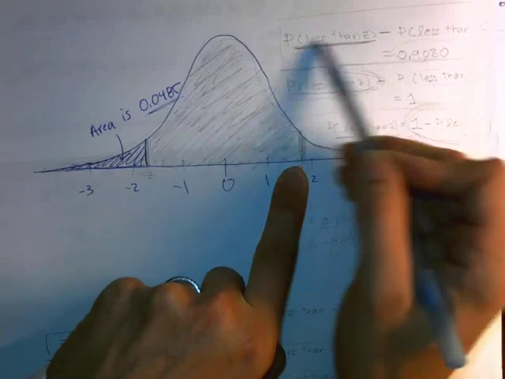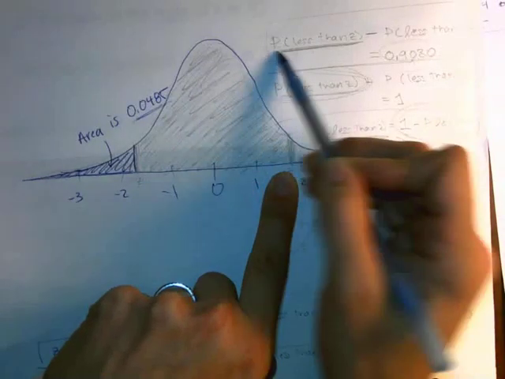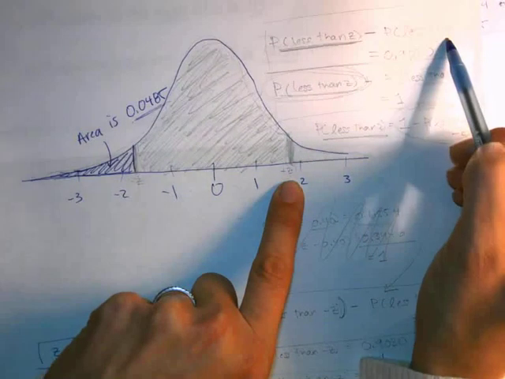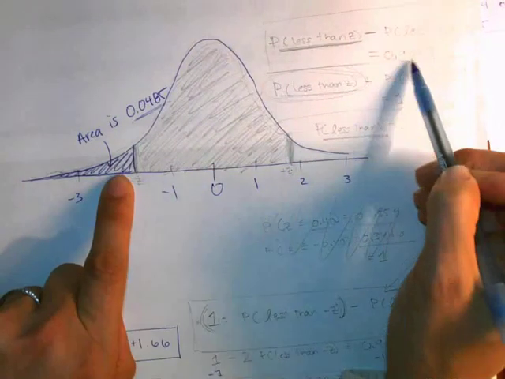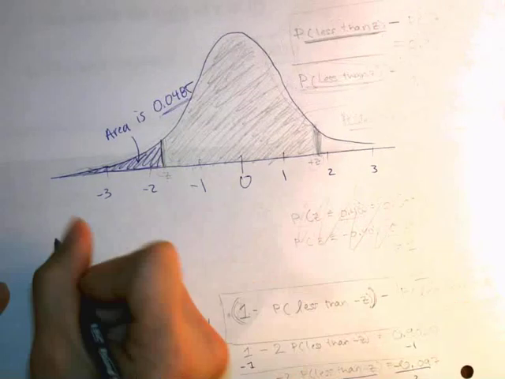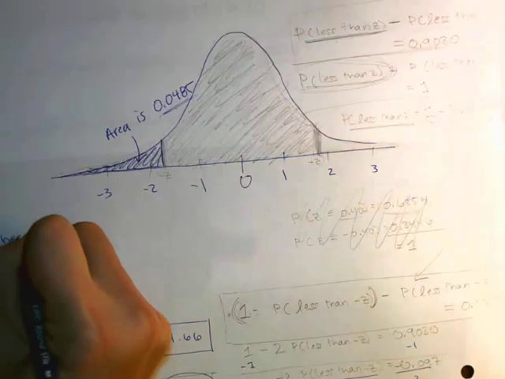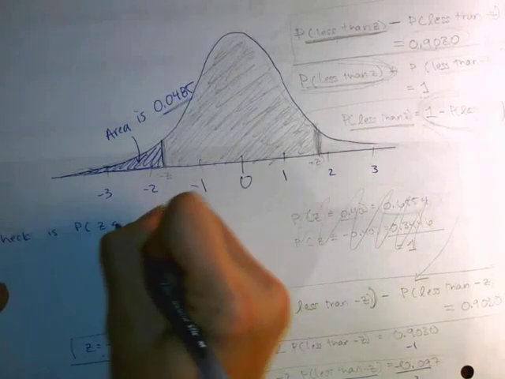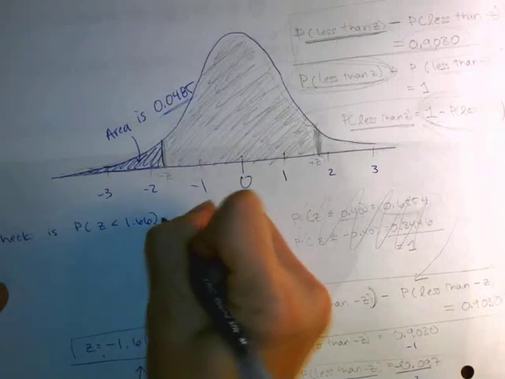Let's check it though. For z of 1.66, we better find that the probability of z less than 1.66 minus the probability of z less than negative 1.66 better equal this number.